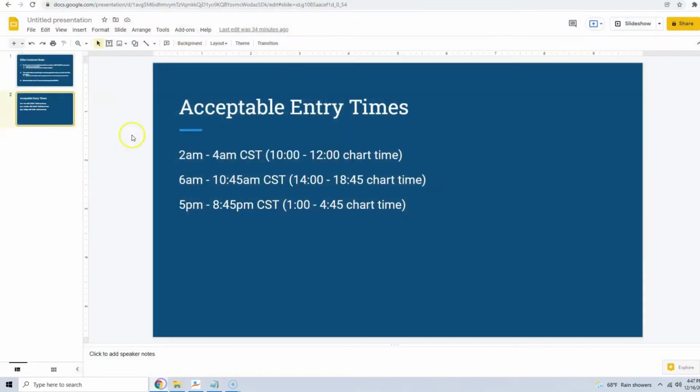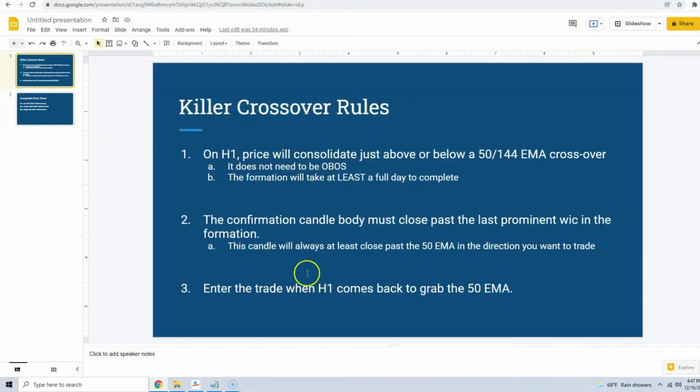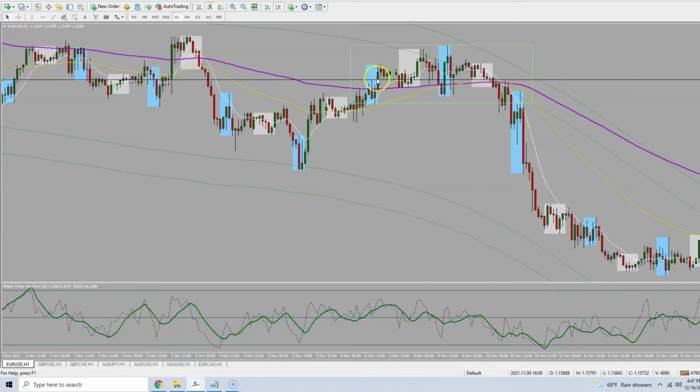But anyway, let's recap rule number 1 and 2. Rule number 1, price has to be consolidating just above or below the EMA crossover, the 50 to 144 EMA crossover. Here's that crossover right here. And then we see price has been consolidating just above that.